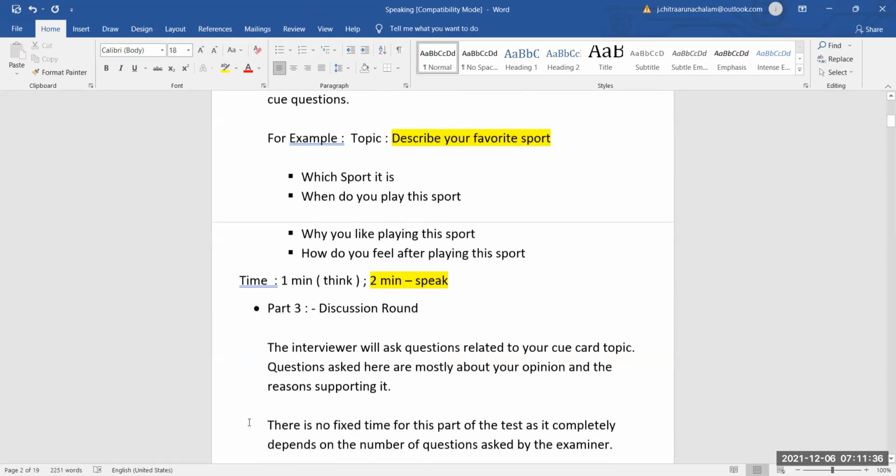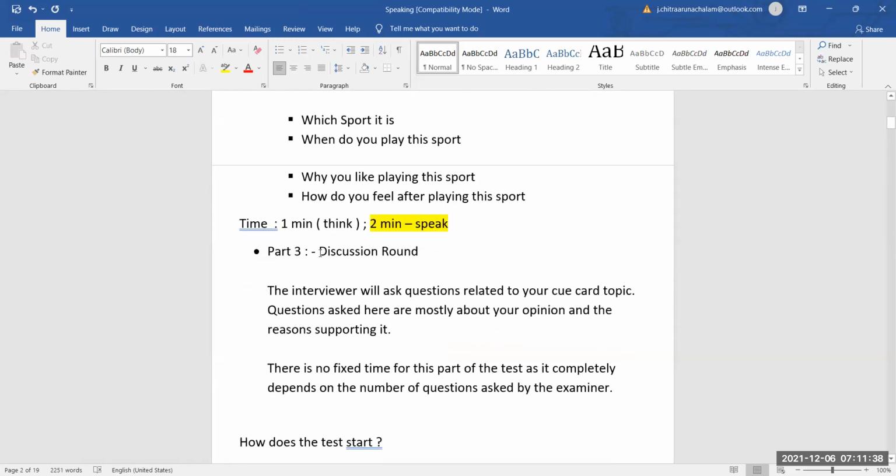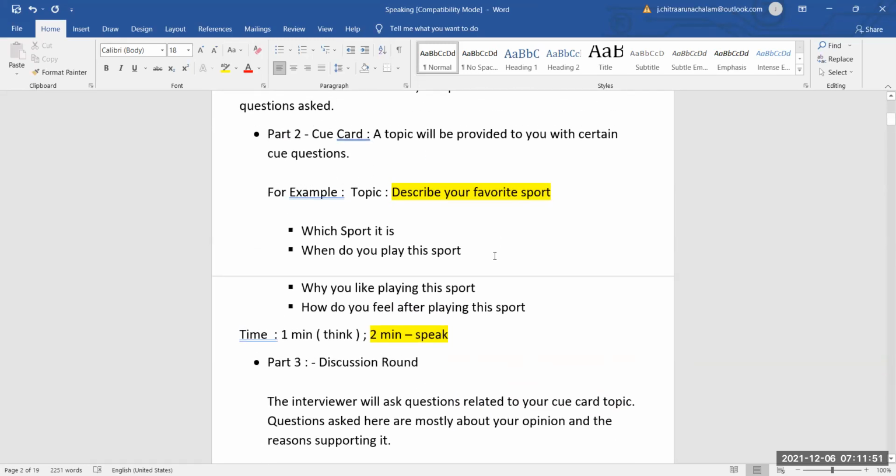That's very important. And part 3 is the discussion round, where the examiner will ask you to state your opinion and the reasons supporting it. The questions asked here are related to your cue card topic. For instance, let's take this topic itself. What is the cue card topic given here? Describe your favorite sport.